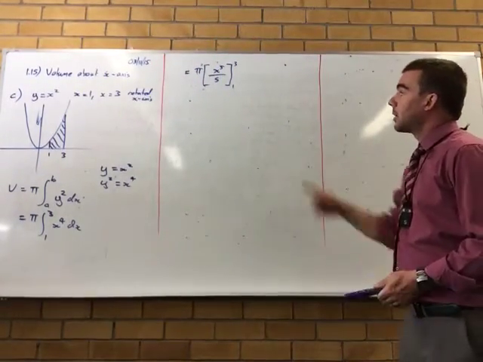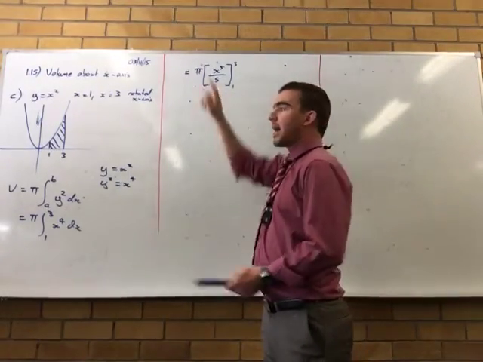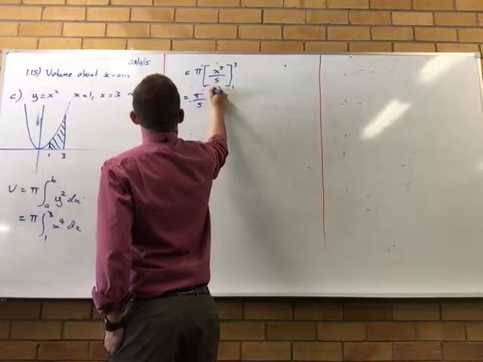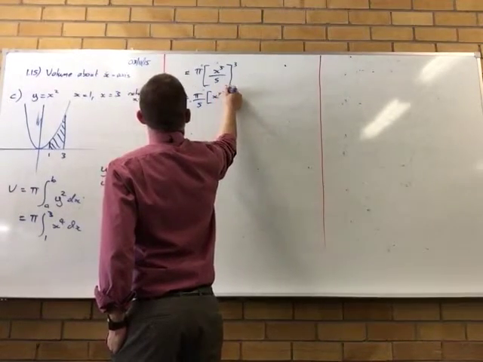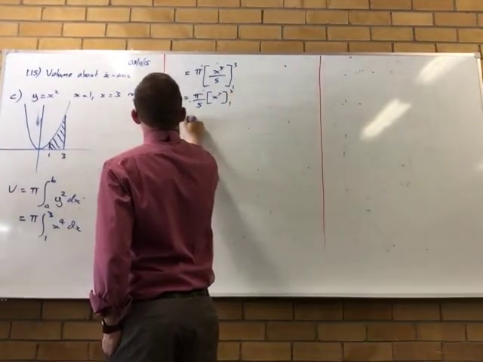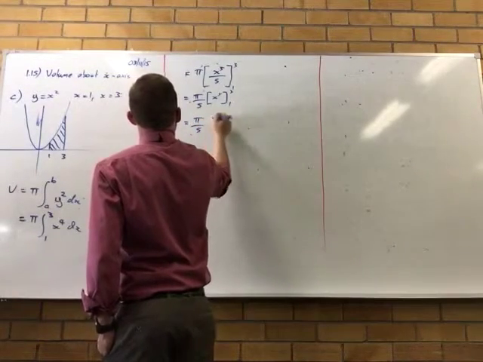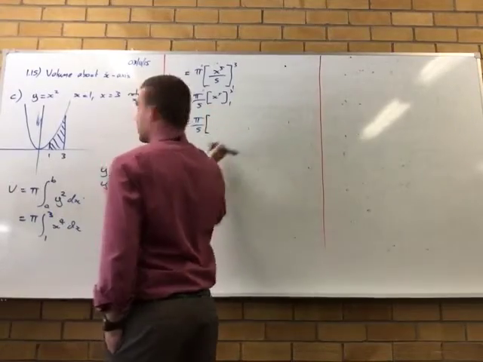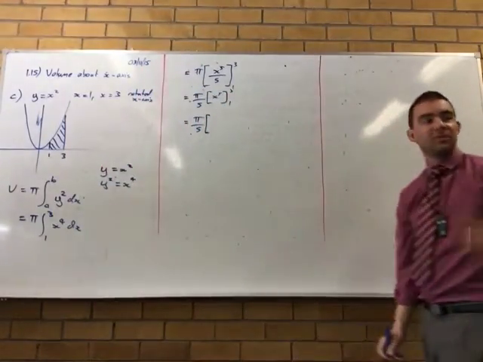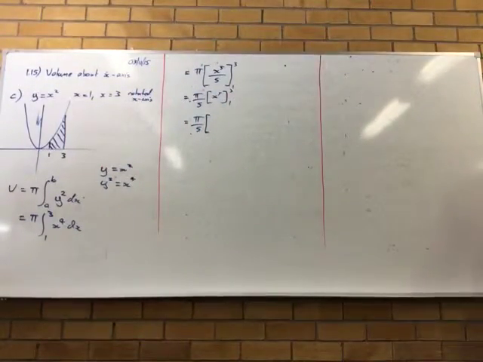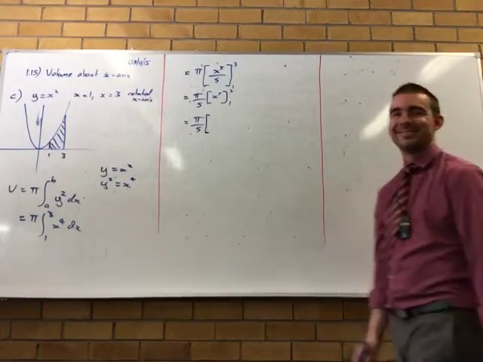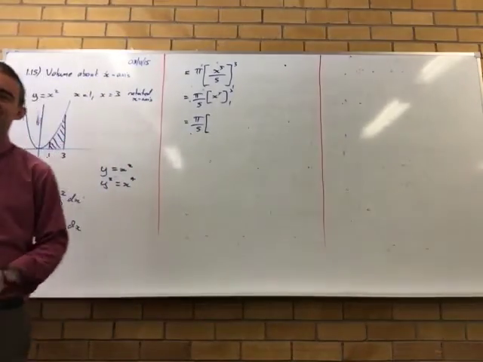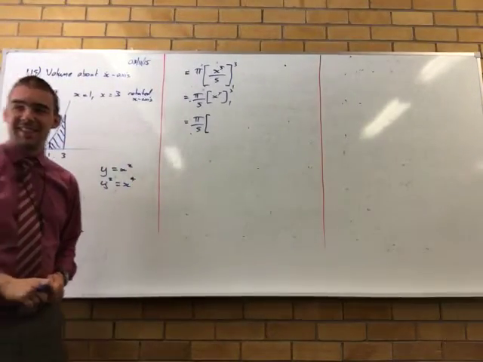Now I can factor the 5 out because it's a factor of both terms. Pi on 5 of x to the power 5 from 1 to 3. Let's see, 3 to the power of 5: 9, 27, 81, 243.